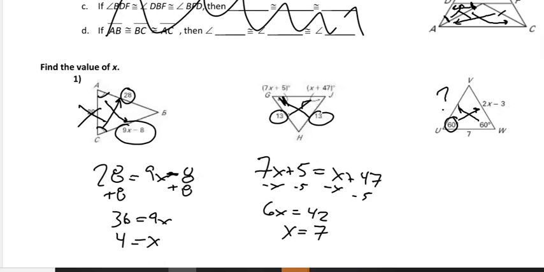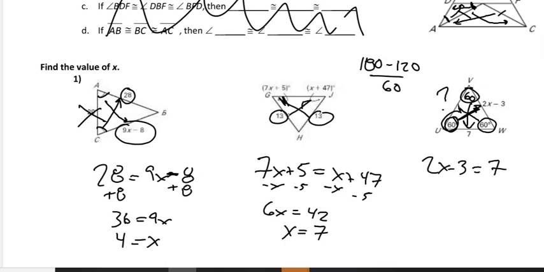Well, if you knew that this was 60 and this was 60, how many degrees do you have left over? 180 minus 60 minus 60, which is 120, leaves you with 60 degrees. So really, these ones are also congruent, so these opposite sides are congruent. So we can say 2x minus 3 equals 7. 2x equals 10, so x equals 5.